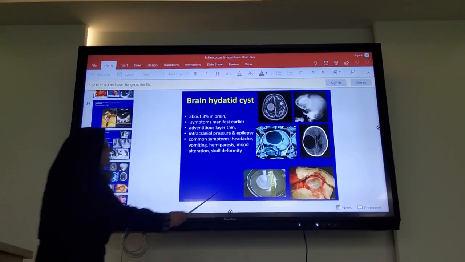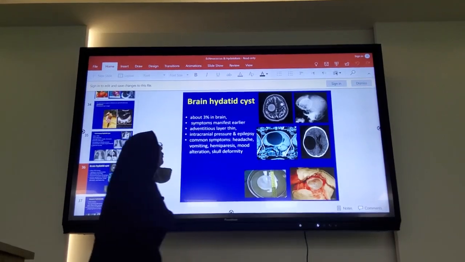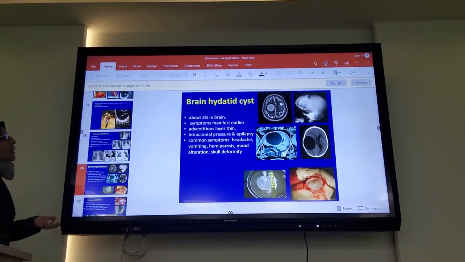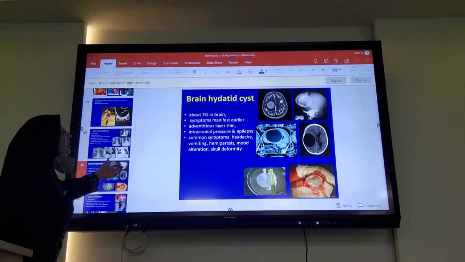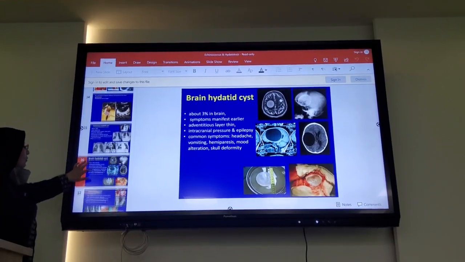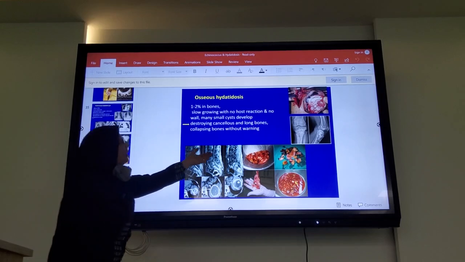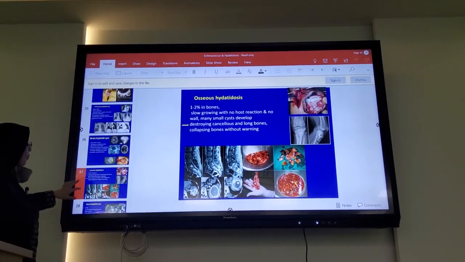This is the brain cyst. As you see how big it is, the brain cyst. During infection of the brain, the symptoms appear earlier, okay? The patients have headache, vomiting, mood alteration, and skull deformity. This is actually bone infection.